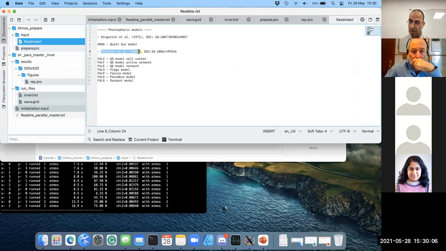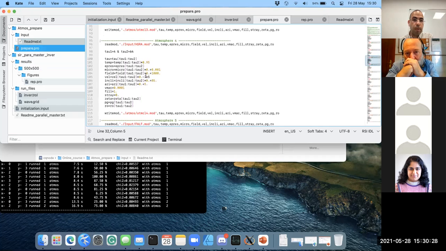I think Basilio was the one that computed them, yes, right? Yes. This is a very quick explanation of what they represent, but there are additional ones. With this, you can already create a map of different atmospheres for the initialization of the inversion.